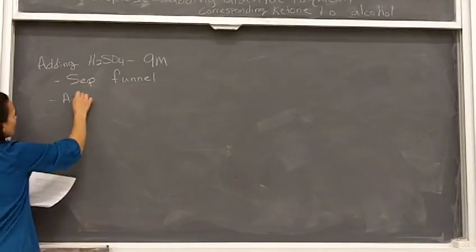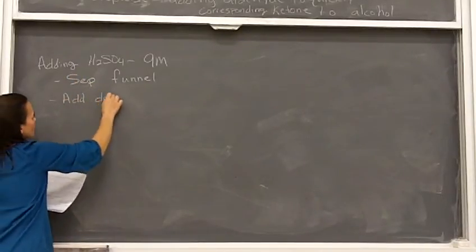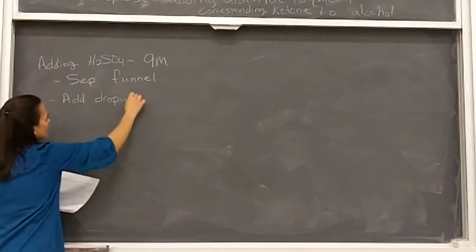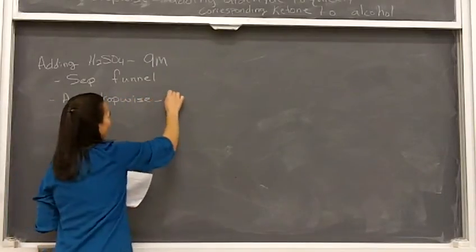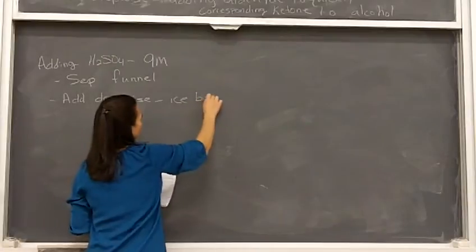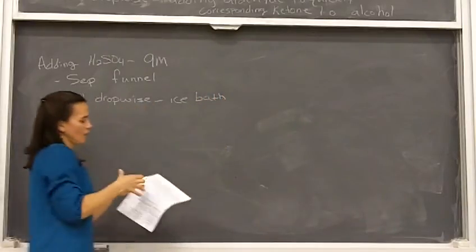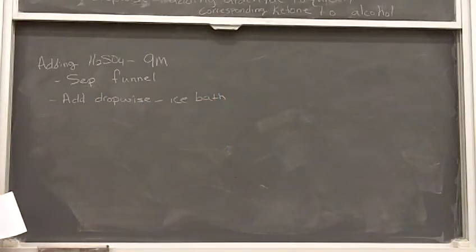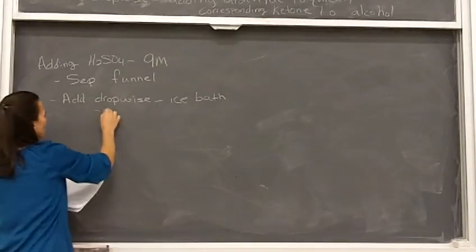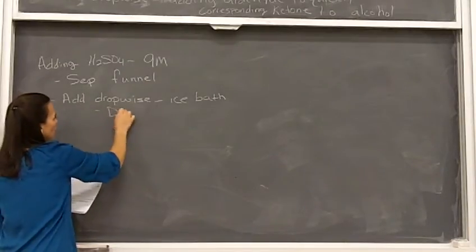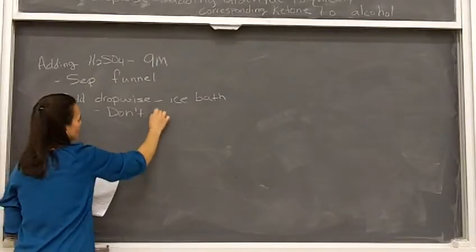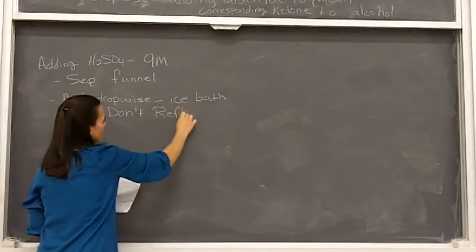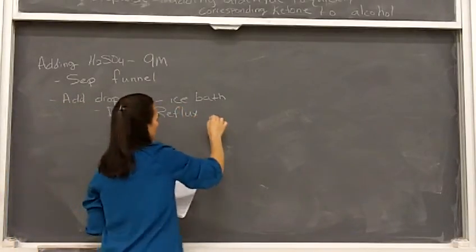We want to add dropwise. This time you want to use an ice bath for around your round bottom flask, and you don't want to reflux the ether. If you're refluxing the ether, you're heating it too much.